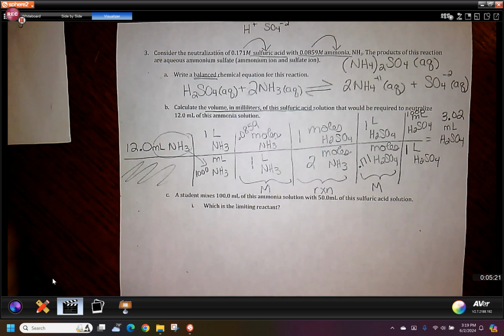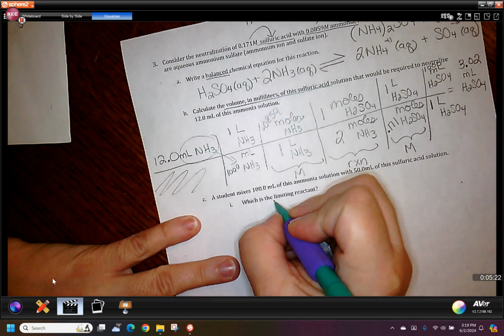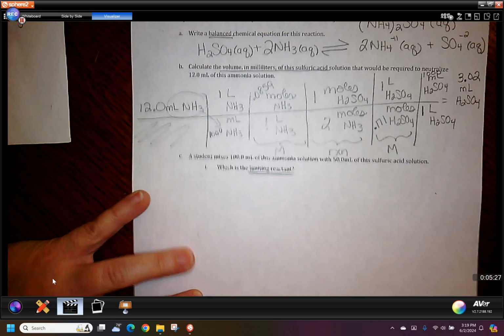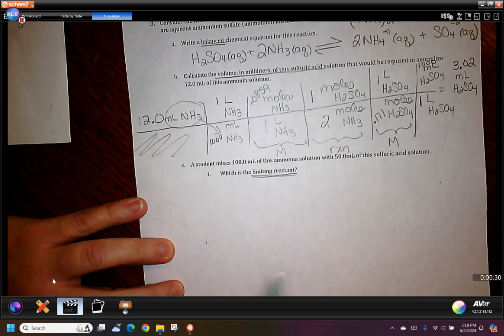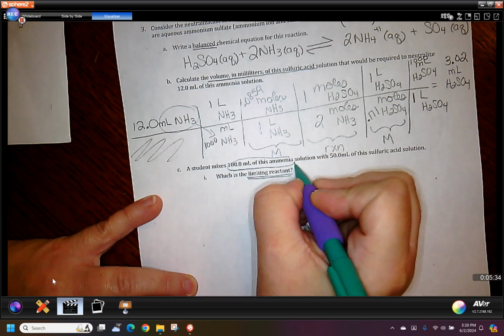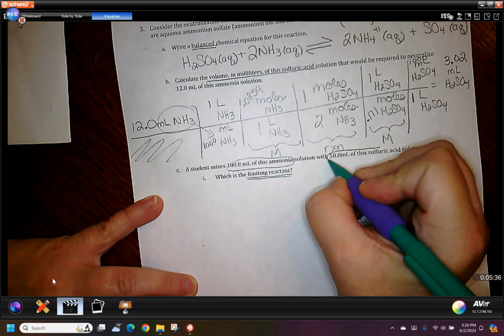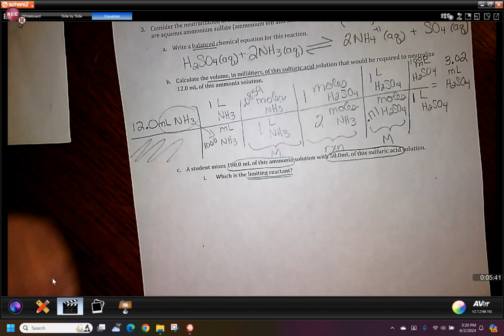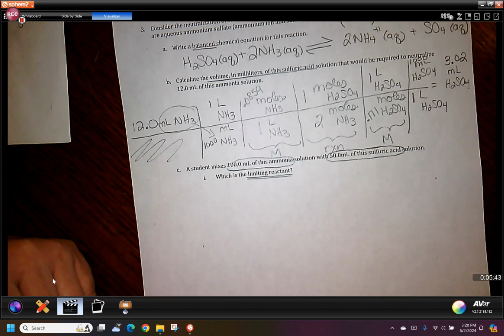Well, in question C, limiting reactant. Yep, I gotta go back to that in stoichiometry. A lot of you guys got stuck. If I start with 100 milliliters of ammonia and 50 milliliters of sulfuric acid, who's going to make the smallest amount of product?